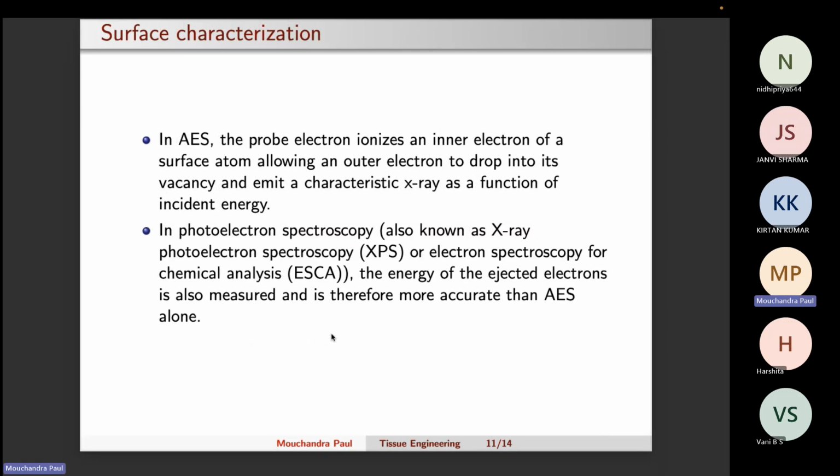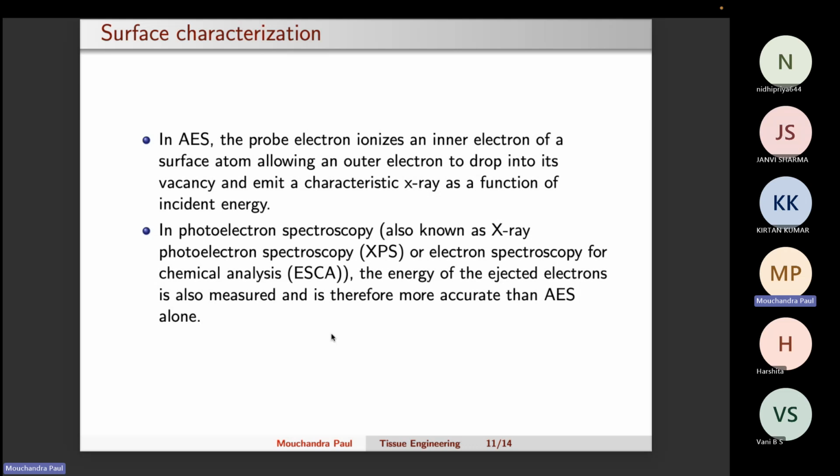In auger electron spectroscopy, they use a beam of electrons. This beam of electrons forces the inner atom present in the inner shell to go up to a higher energy band.